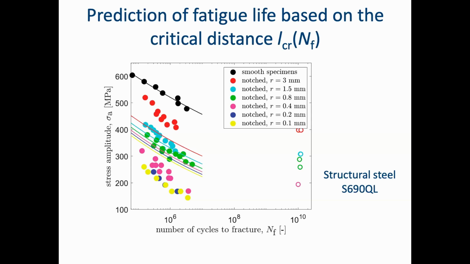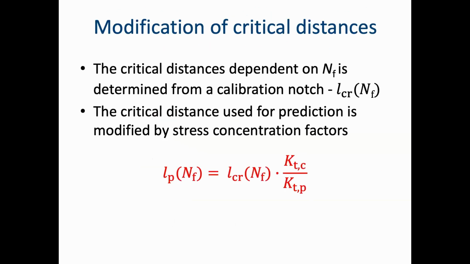So we used a modification of the critical distances, and this modification is shown here, where for prediction we use this distance, and the original critical distance is multiplied by the ratio of stress concentration factors. This is the stress concentration factor of the calibration notch, and this is the stress concentration factor of the predicted notch.